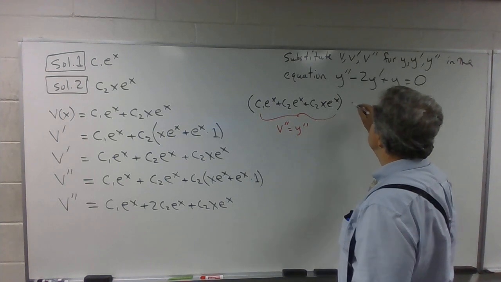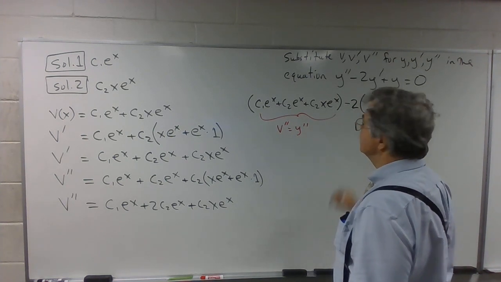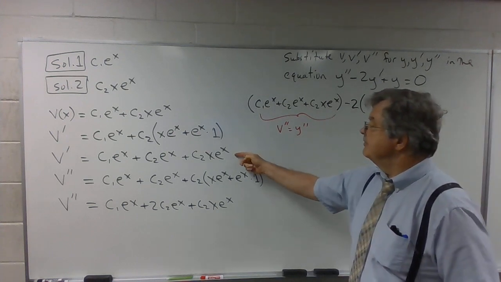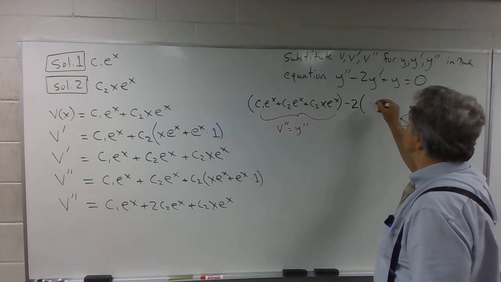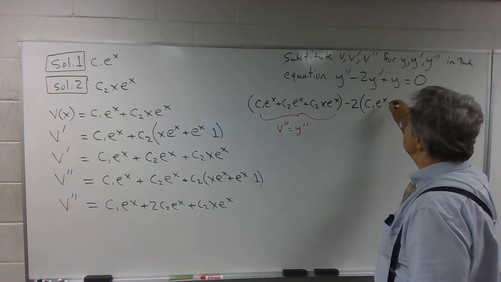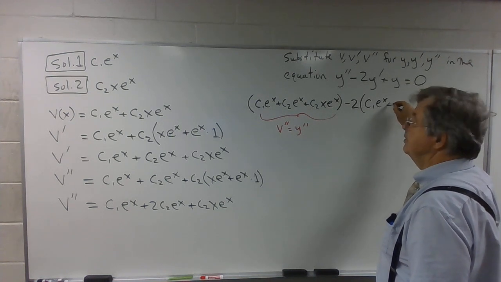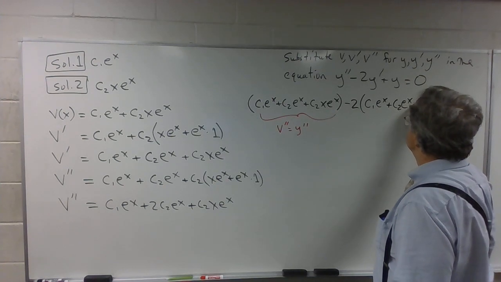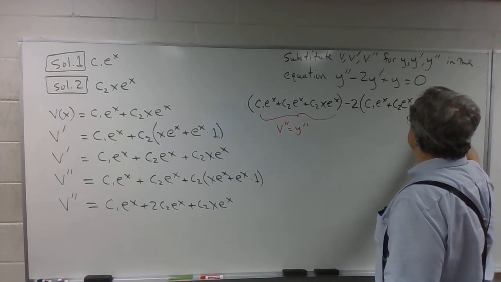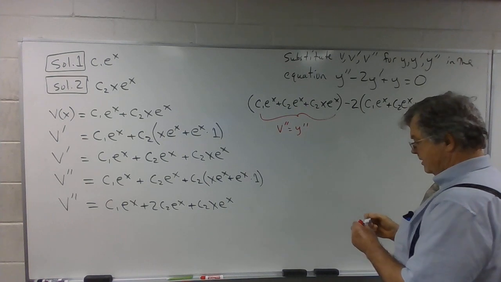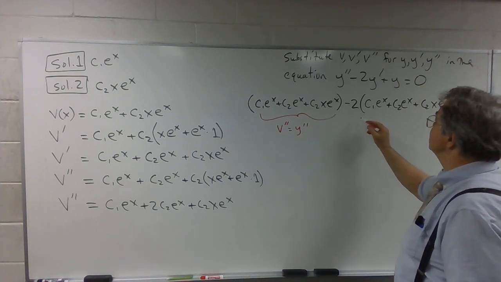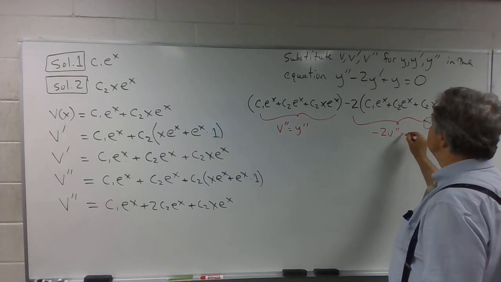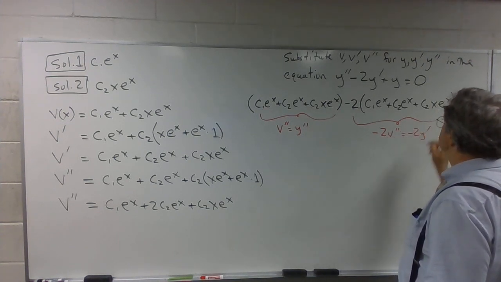And then we have minus 2 times Y prime, and we're going to put V prime in for that. C1 e to the x plus C2 e to the x plus C2 x e to the x. So this is our minus 2 V prime, which is minus 2Y prime.